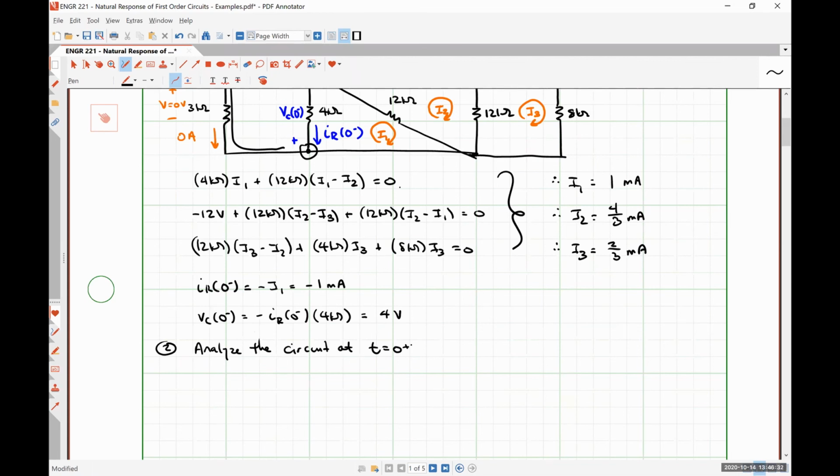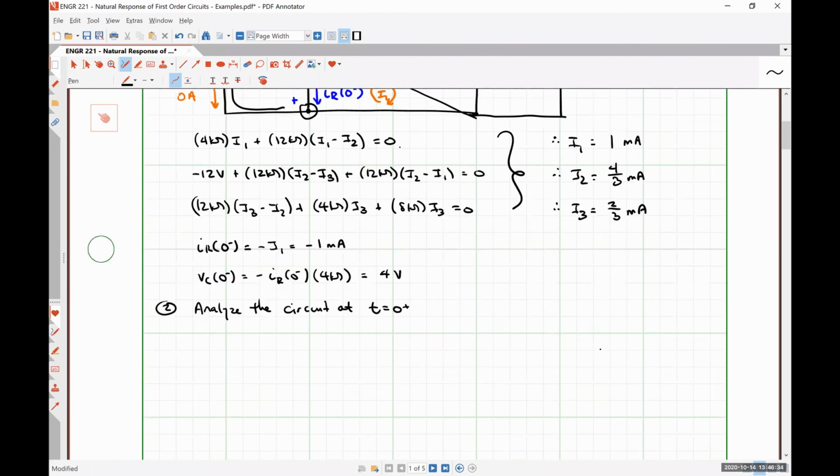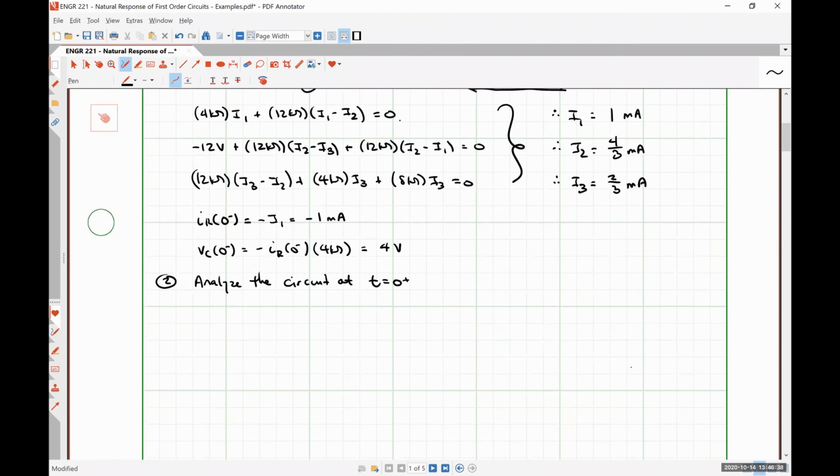A large portion of our circuit is going to remain fundamentally the same. Particularly, all of our resistors are still going to be doing their best at impeding the flow of current. But our switch is now open, so I'm going to replace that with an open circuit.